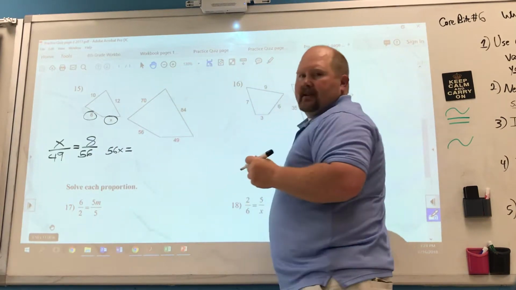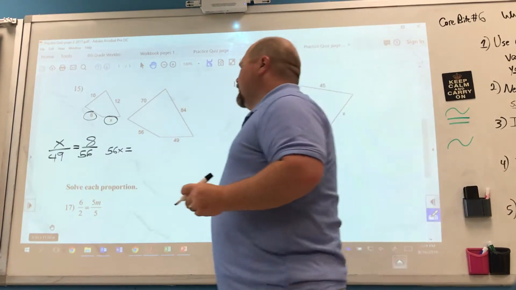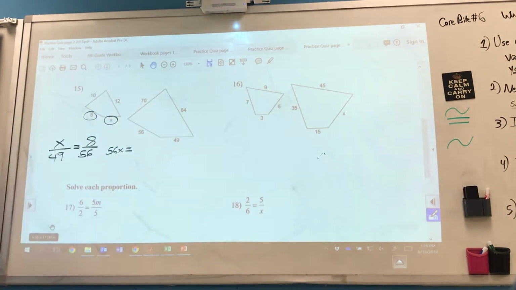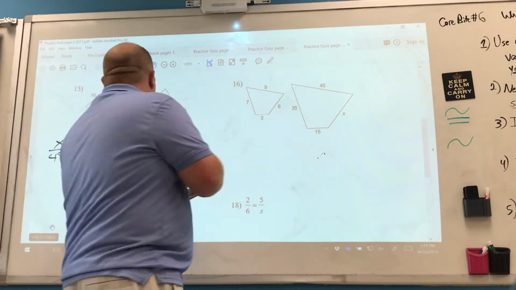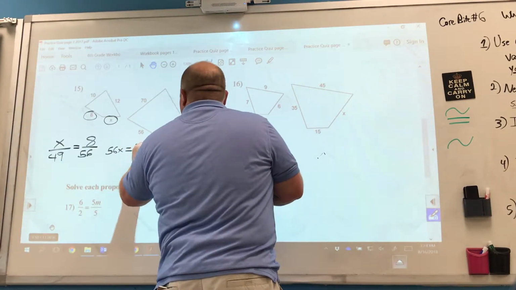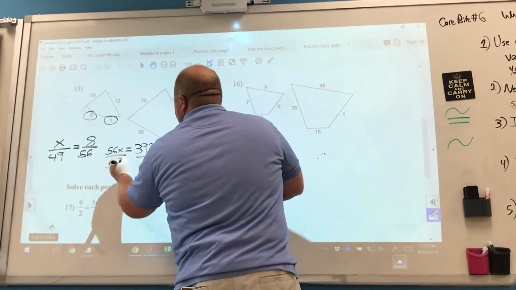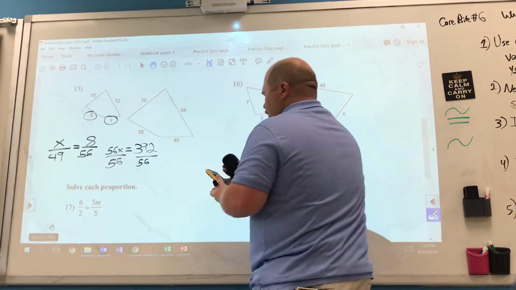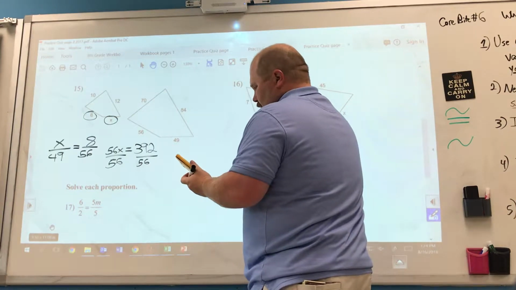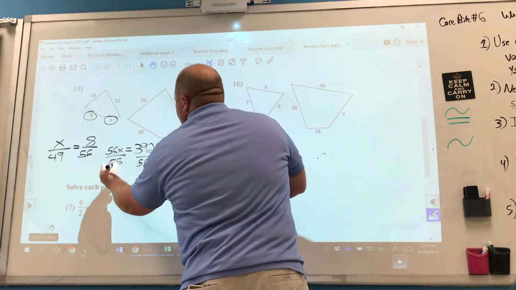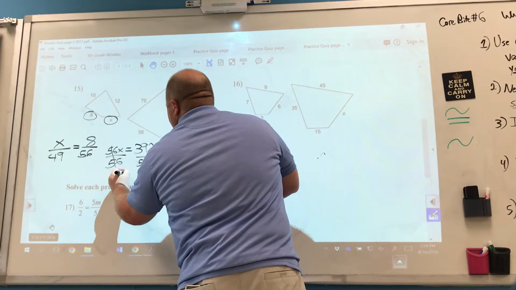And 49 times 8 is a number that I don't know off the top of my head, so I'm going to use my calculator. 49 times 8 is 392. We're going to divide that by 56. So X equals 7.